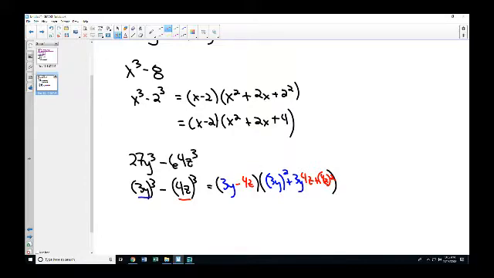The middle term is always these multiplied, and then the ends are squared. Can you read that? So put them in the right spot. And it is mathematically proper to write things out.